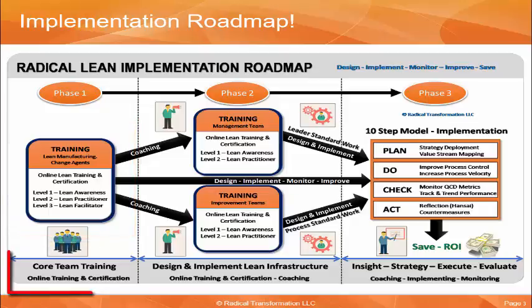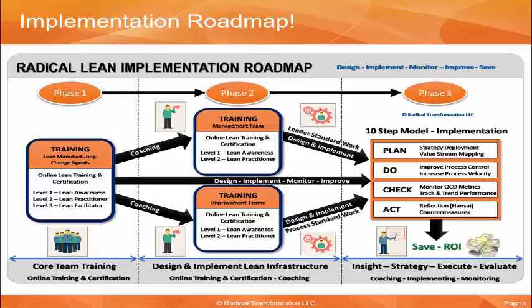We call this core team training, and the way we train these people is we put them through the Lean Expert Training, or the online Lean Training and Certification Program that Radical Transformation has available, and they would go through the level 1, the level 2, and the level 3 levels of training.